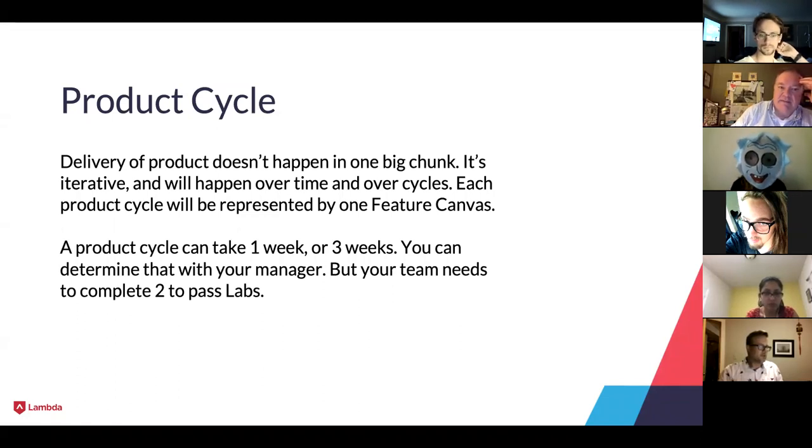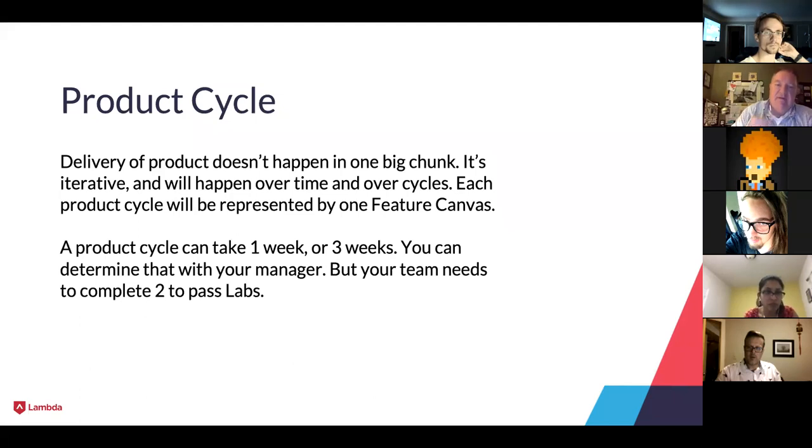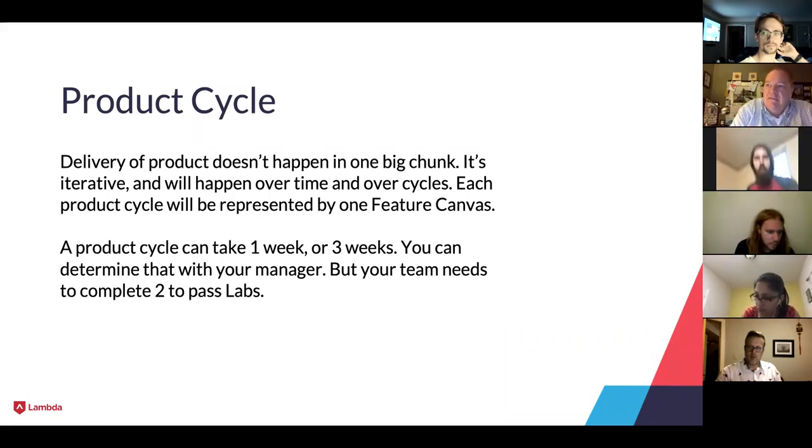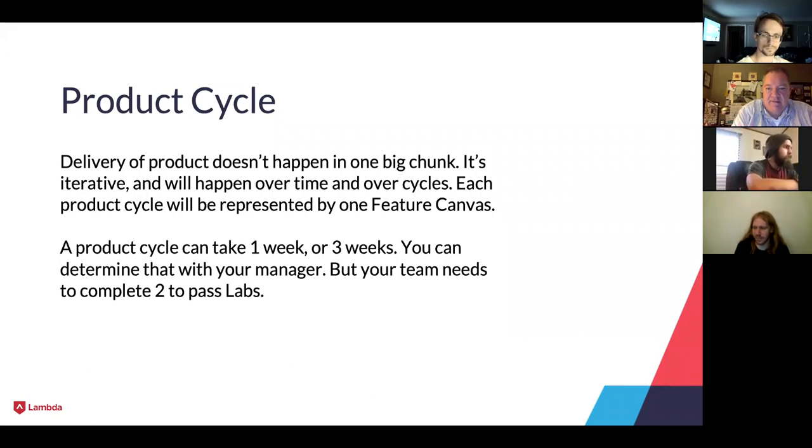So what's a product cycle? A product cycle is represented by a feature canvas, or we're calling them product canvas now. So a product canvas, what is a product canvas? A product canvas is a set of features that you are going to build. And there isn't a set number of features, but these features are going to be developed in a cycle.